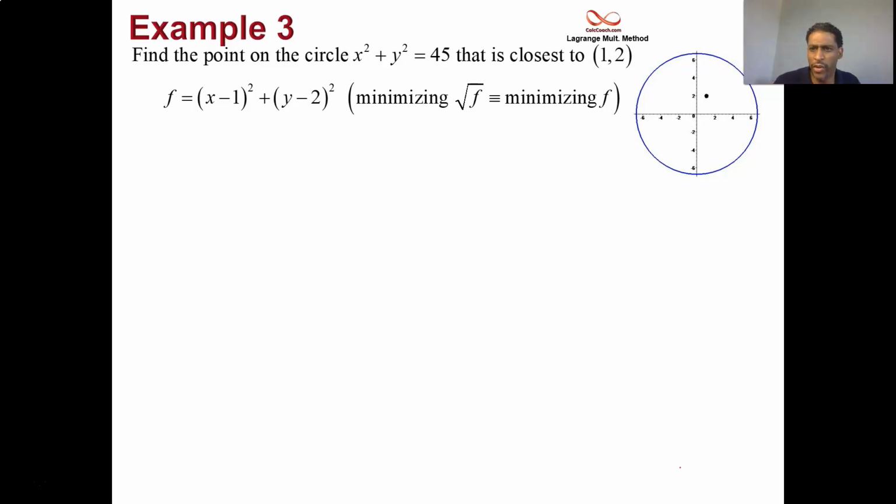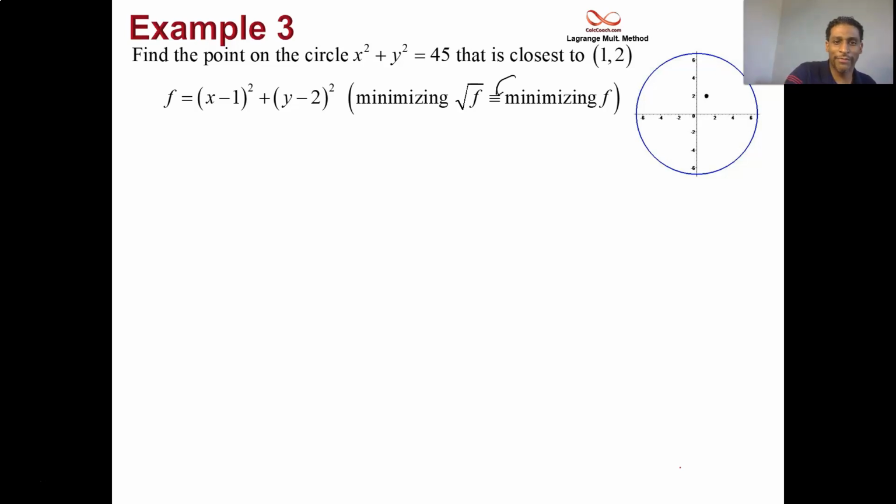Minimizing f will minimize the square root of f. I don't know, it's really weird the way it looks. Sorry about that. I feel like that should be the other way around. I know triple equals means equivalent to.